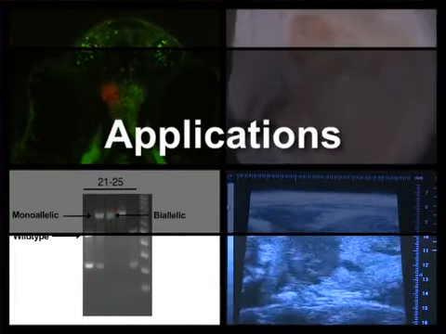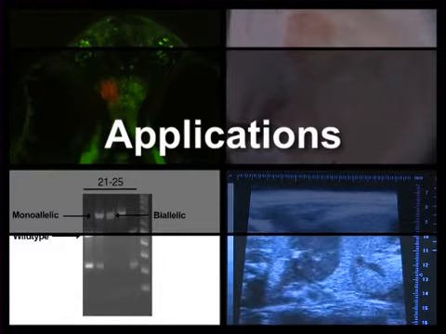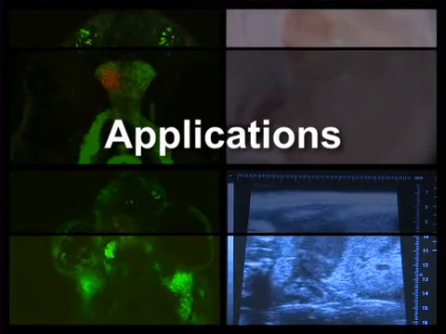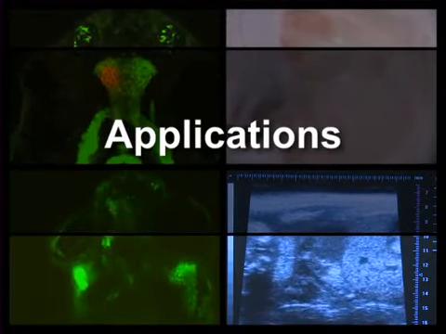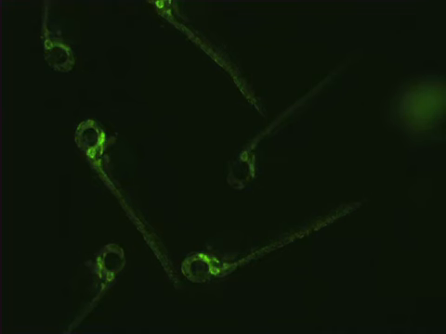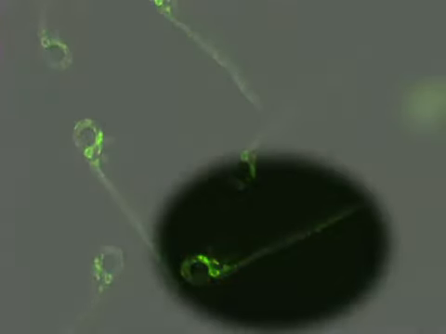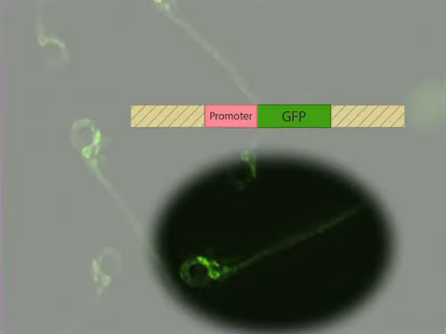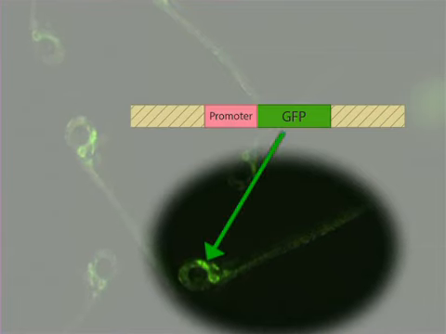You have learned the basics of genetic engineering of developmental models, so now let's look at some practical applications. Developmental studies often use fluorescently tagged proteins to identify cells and study their development. Using tissue-specific promoters, transgenic organisms can be engineered to express fluorescent proteins in specific cells, like the neural crest.